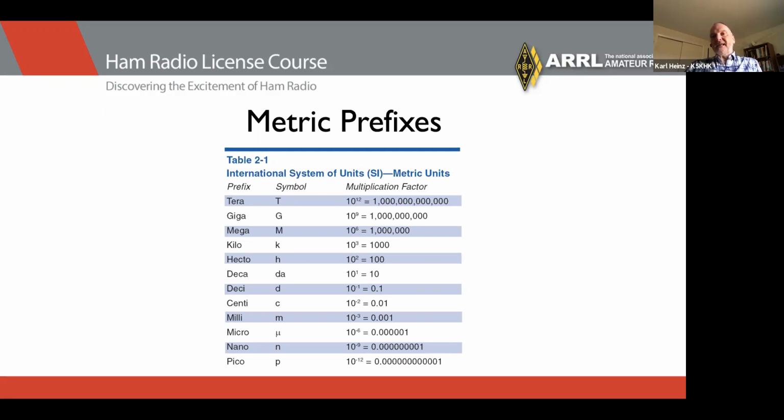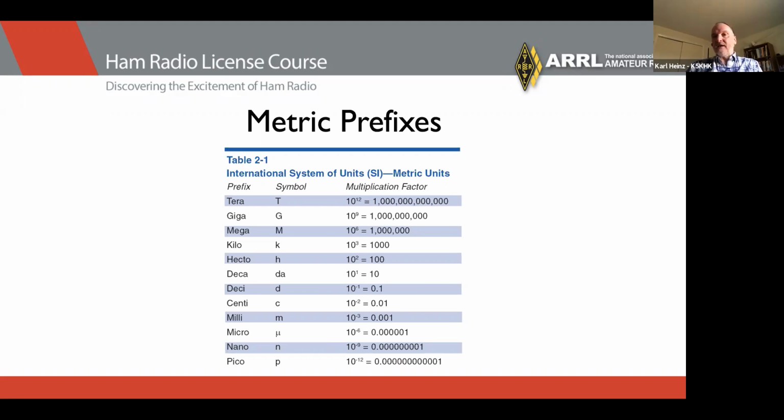And the metric system comes with its very unique set of prefixes that indicate how big a certain number is. So when you go down this list of prefixes here, tera, giga, mega, kilo, hecto, deca, deci, centi, milli, micro, nano, pico, some of these may sound familiar to you because you've probably encountered them before.